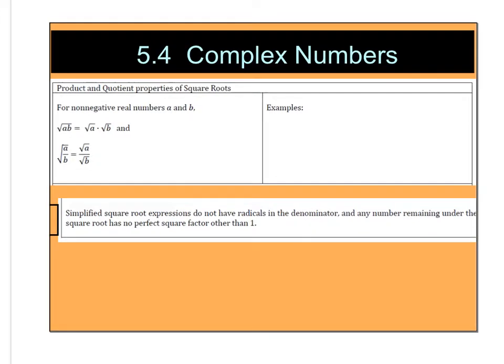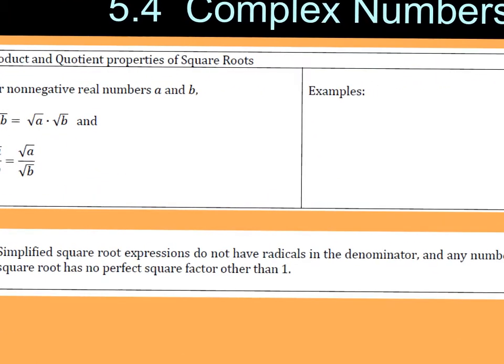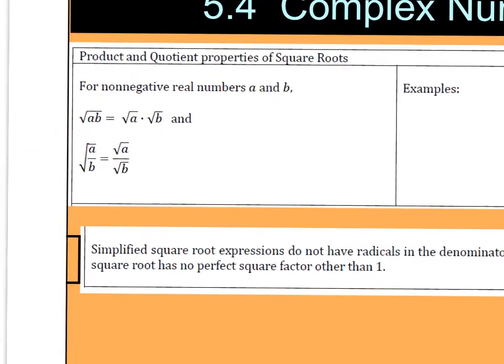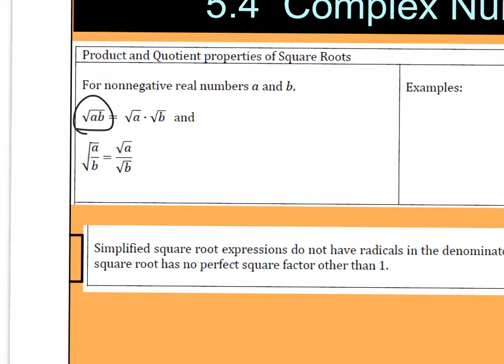So thinking back to product and quotient properties of square roots. If I've got two things underneath a square root, I can split those apart. Likewise, if I've got a fraction underneath the square root, I can just split it up there.